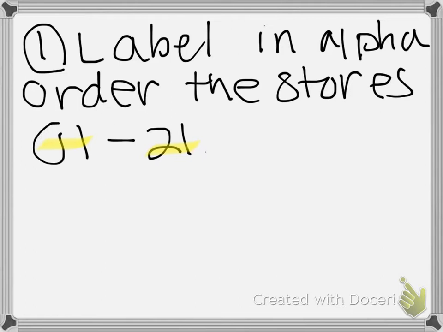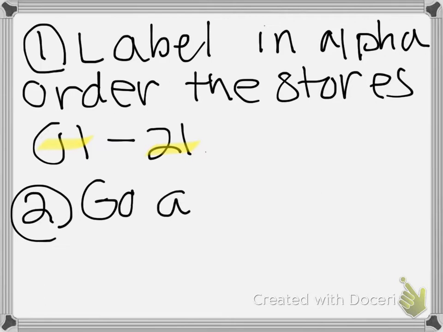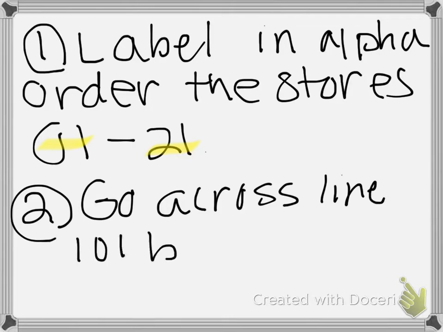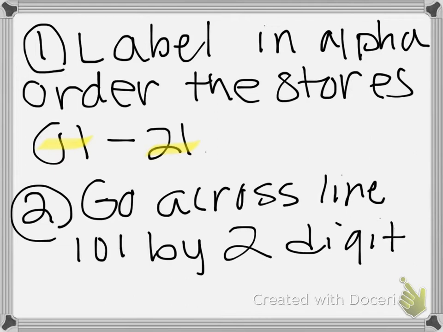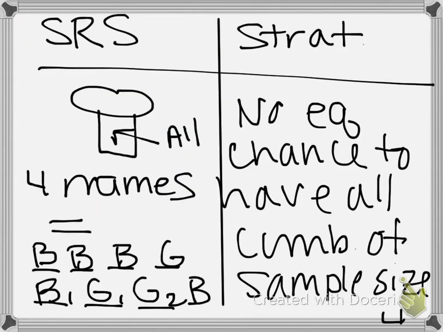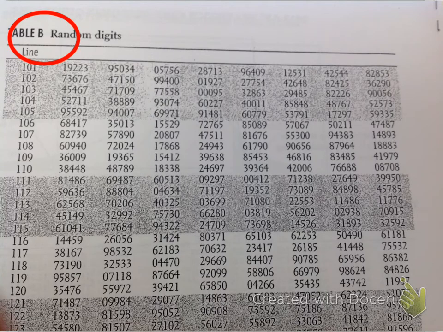Okay, that's very important. Next, you describe how to use the table in words. We're going to go across line 101 by 2 digits. Let's go to line 101 now so I can show you. Okay, I see the first digits are 19.